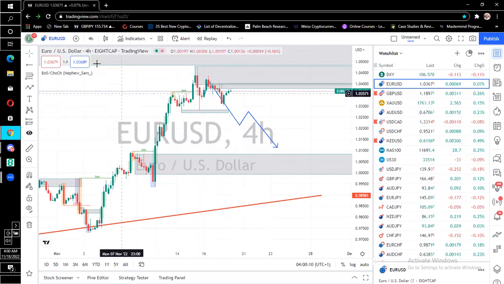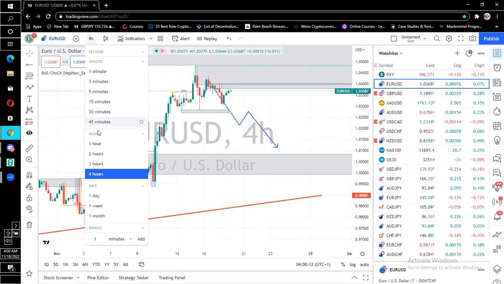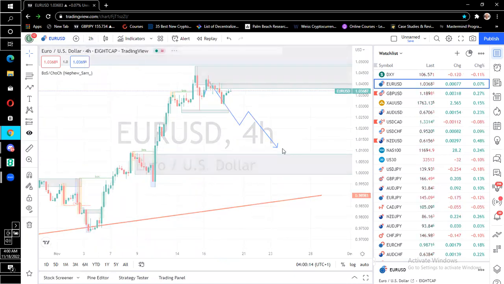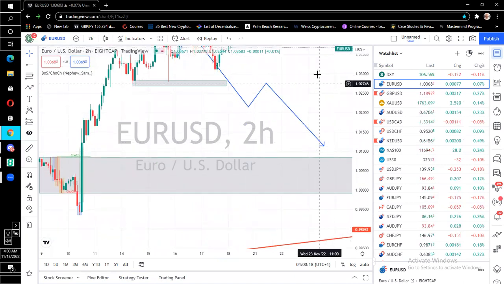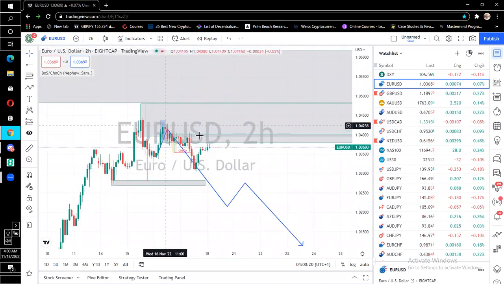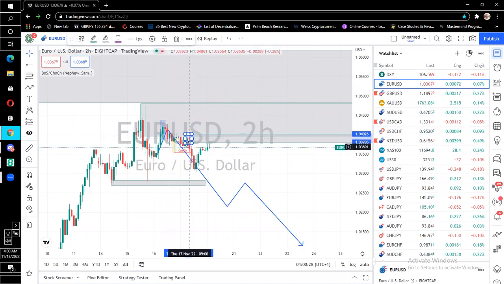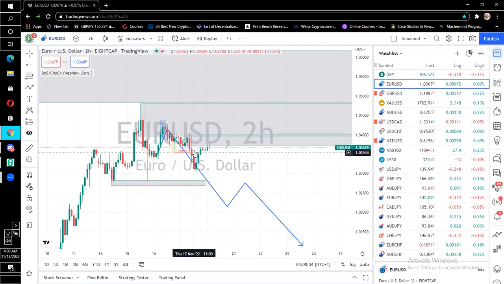Let's go to a lower time frame, like 2 hours or 1 hour, so we can know the block we're working with. So this is a zone where it is. So here we'll have this particular order block. So we'll have break of market structure and return to OB. What do we expect?